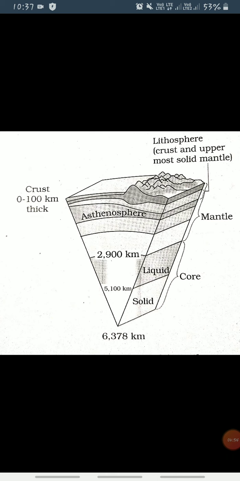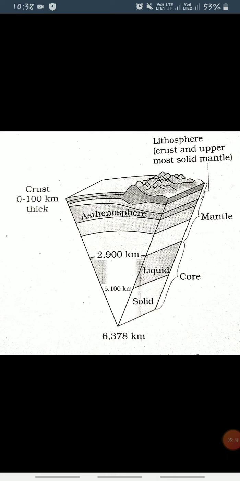The upper layer is called asthenosphere, and the word astheno means weak. It means the upper layer is a weak layer, and it is considered to be extending up to 400 kilometers. It is the main source of magma that finds its way to the surface during volcanic eruptions.